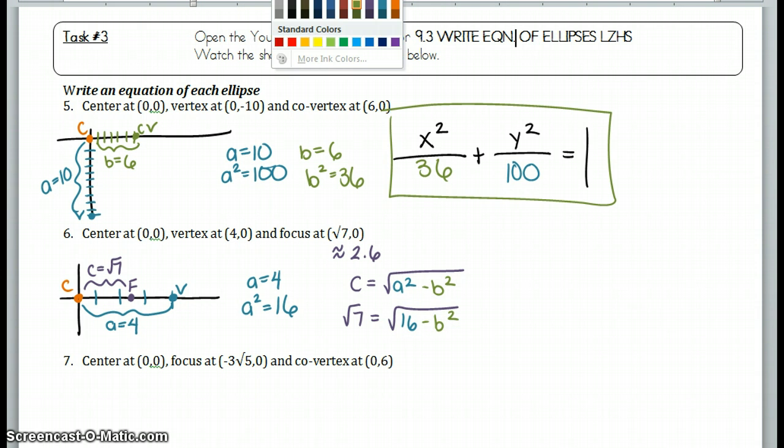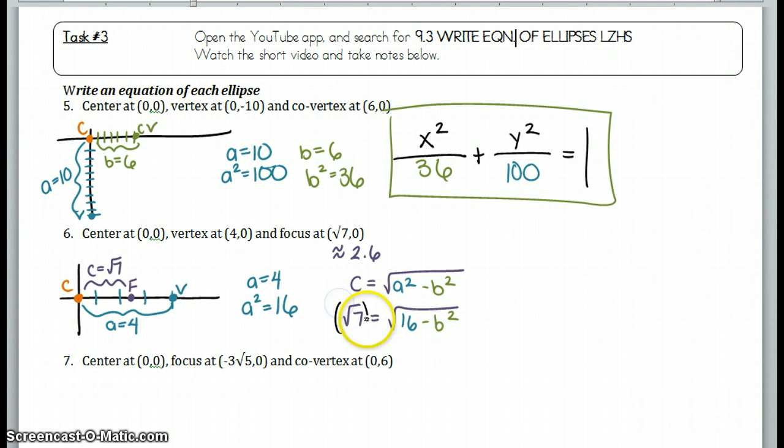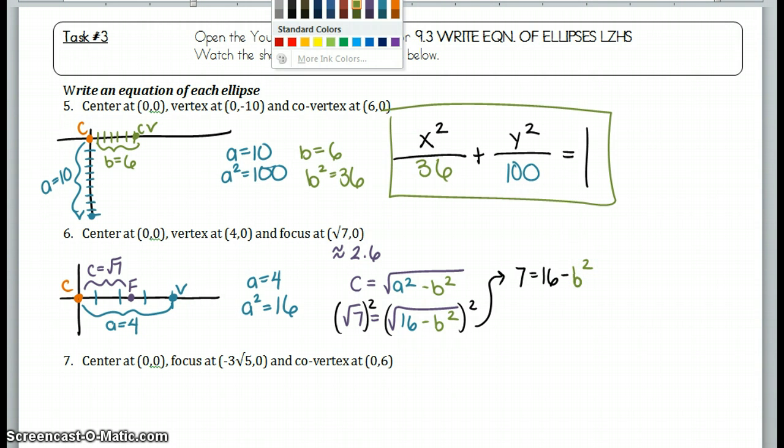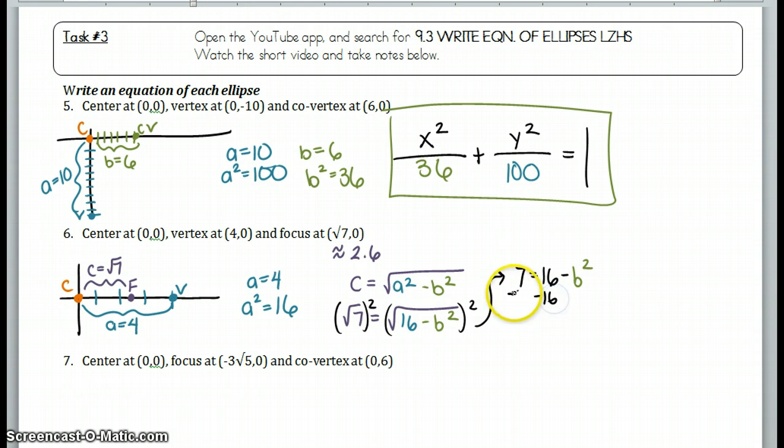Now, first thing, to get rid of my radicals, I'm going to square each side. This will give me just 7 equal to 16 minus b squared. If I subtract the 16, now I have negative 9 equals negative b squared, and dividing by negative 1, I get 9 to be b squared.